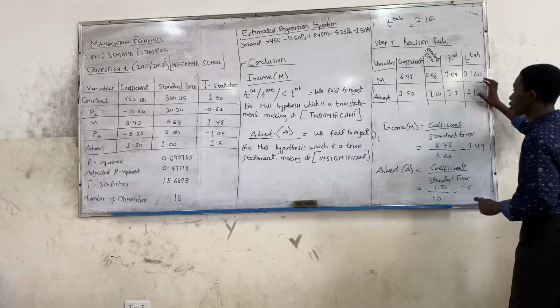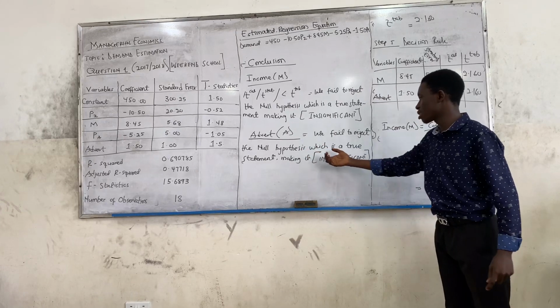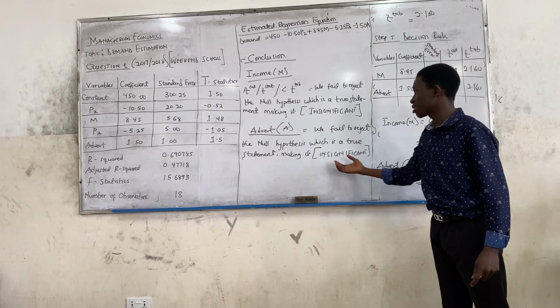So the t for advert is also less than the critical value, so we fail to reject the null hypothesis, which is a true statement, making it insignificant.